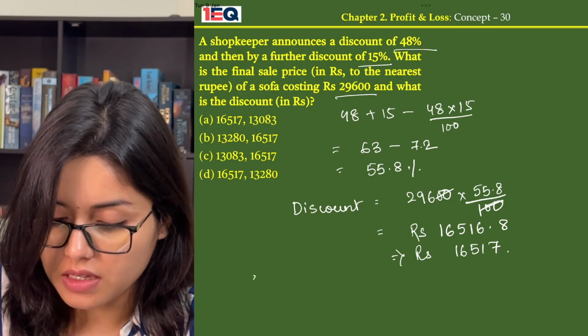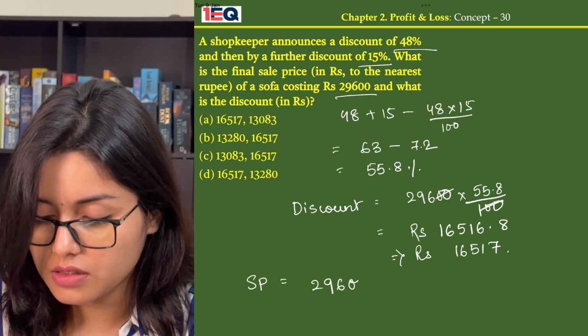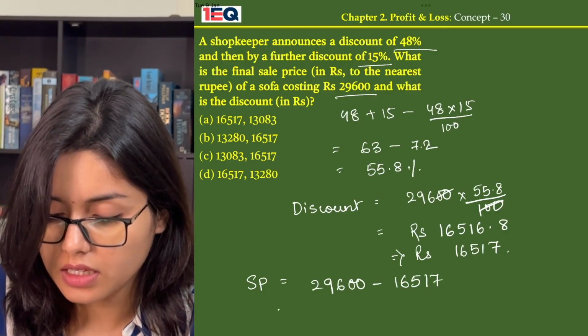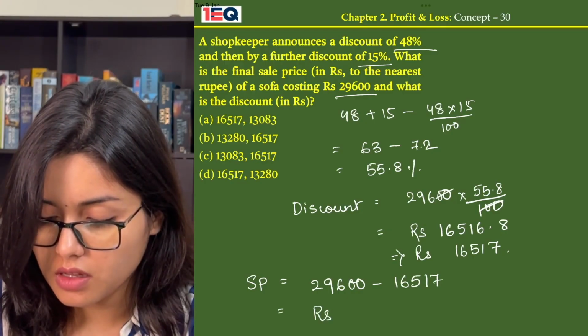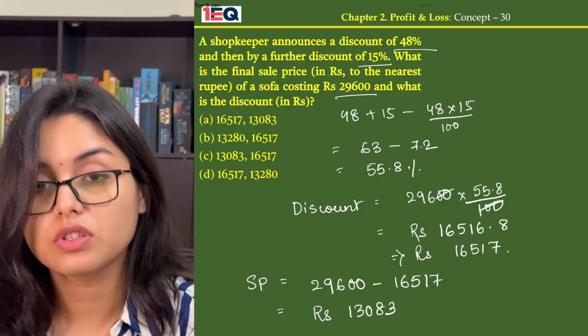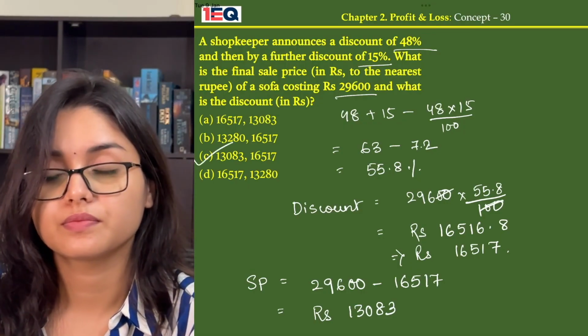Now the selling price then becomes 29,600 minus the discount amount. That gives us rupees 13,083. So the answer to this question is option C.